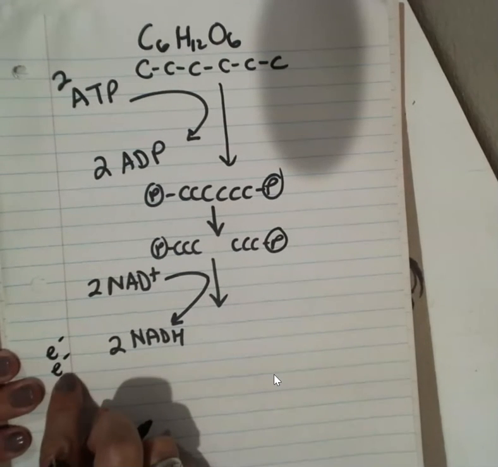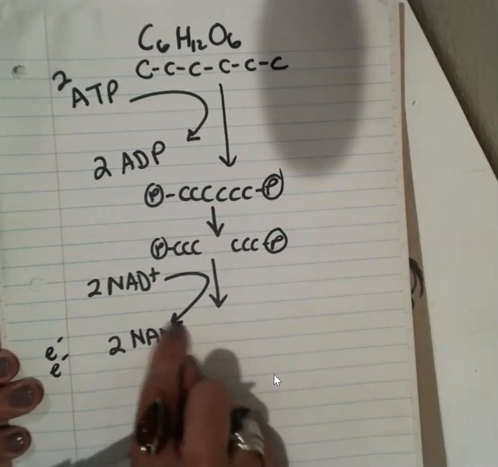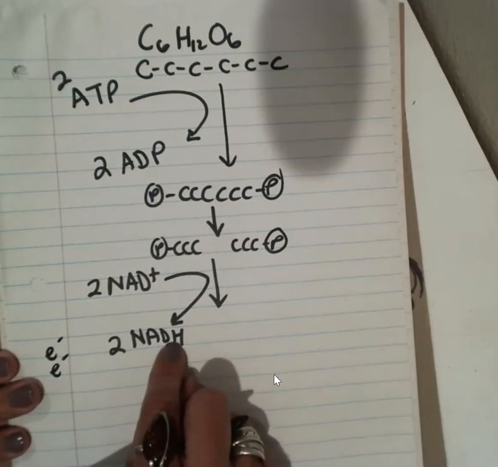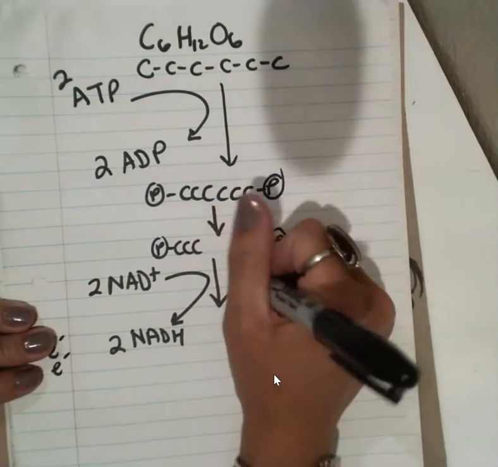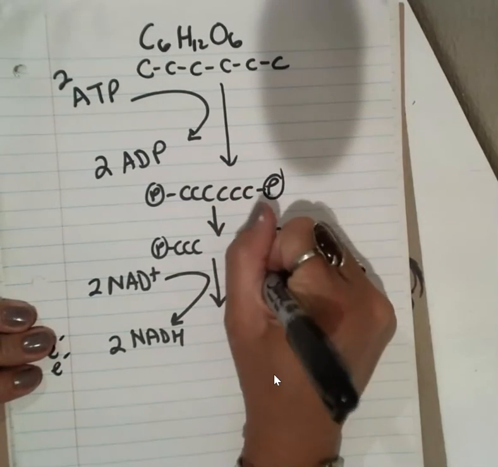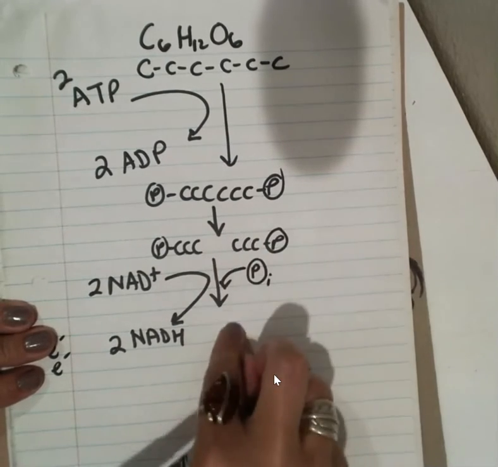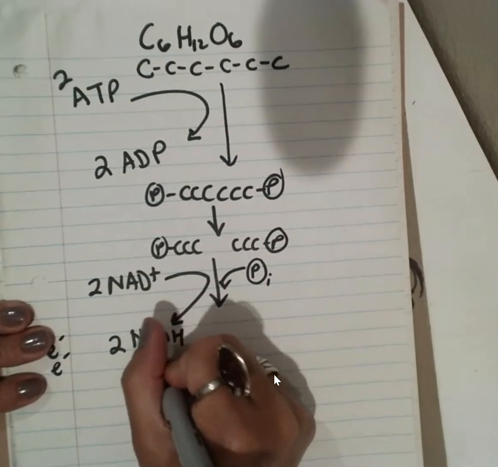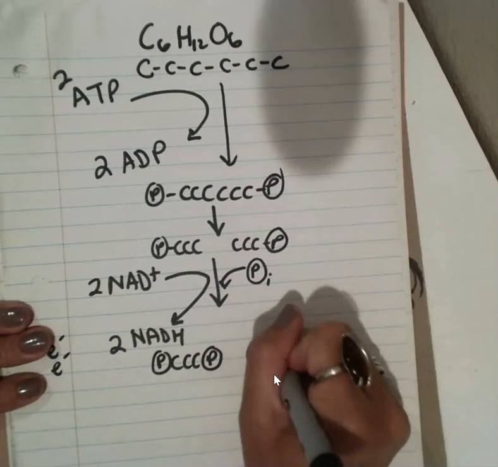And when we move electrons in a cell, that is how we're moving energy. So right here in this step, it's picked up some energy that will be used in the electron transport chain of aerobic respiration. Now in this step as well, we have 2 inorganic phosphates invested. So we end up with a 3-carbon molecule that has a phosphate group on each side.